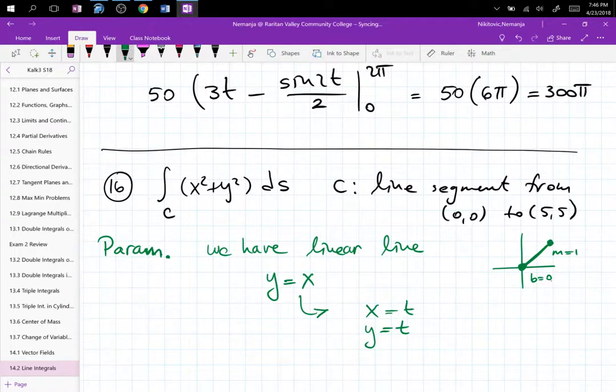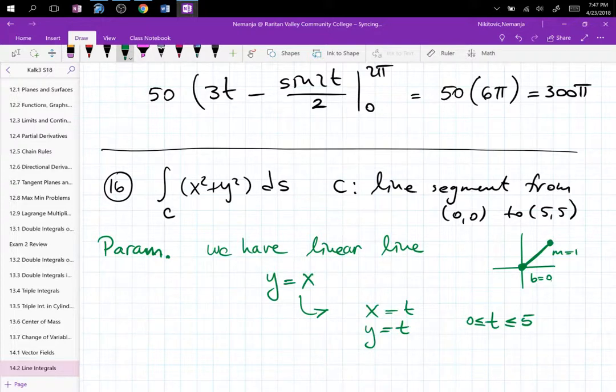But you will restrict your t between 0 and 5, so the lowest value t can take on is 0, which creates (0, 0). The highest value it can take is 5, which reaches up to (5, 5), and it picks up everything in between. So this is the parameterization for a straight line between (0, 0) and (5, 5).